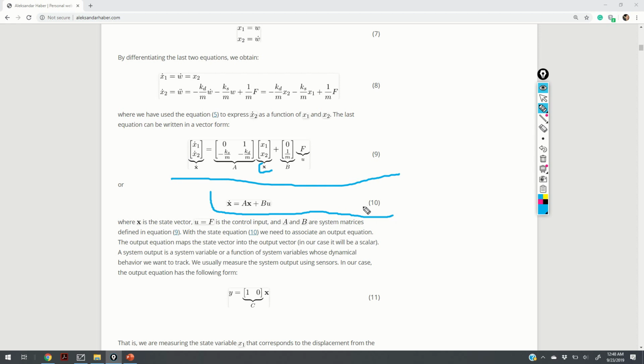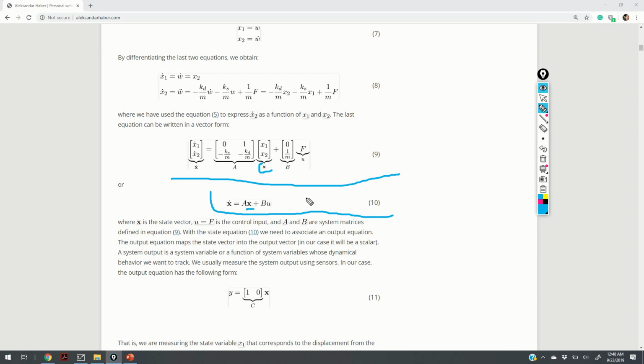and the equation 10 is basically our state space equation. This equation is basically relating the first derivative of the state vector x with the state vector and the control input. And the implication of this equation is basically that the second order ordinary differential equation can be written as a system of two first order differential equations.